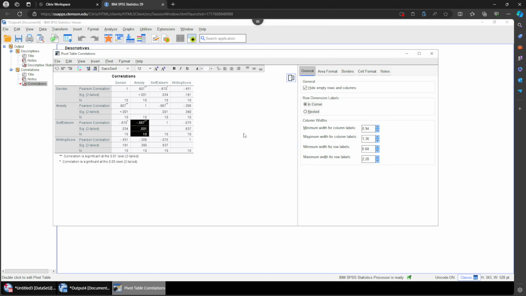So if we look at these values, we can start to answer the questions, in this case for question 2, to identify whether or not we can support the first hypothesis. So remember, that hypothesis was that students who had higher levels of anxiety would have lower levels of self-esteem. Let's first identify what type of correlation that is even expecting to find.